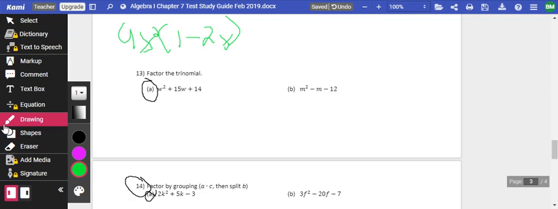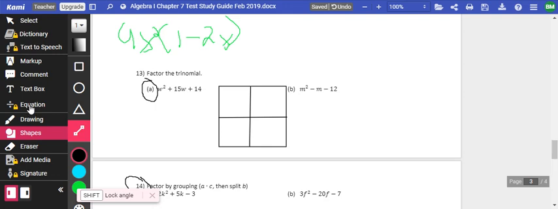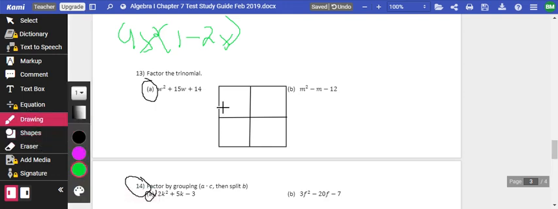Factoring a trinomial, again, I would use our fun and exciting Punnett square. And again, we're just looking at it the other way. We've got w squared here. We've got 14 here. W times w gives me w squared. What two numbers multiply to give us 14 that add to give us 15?